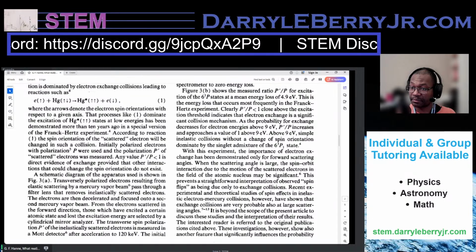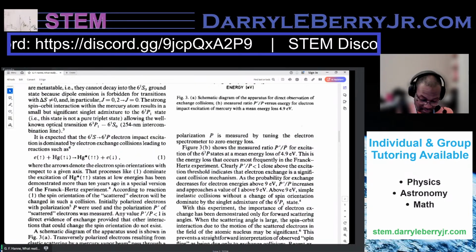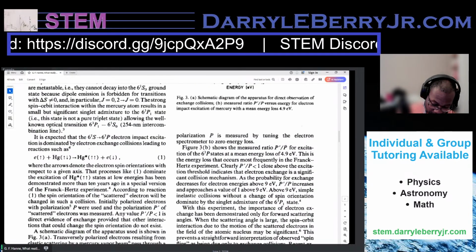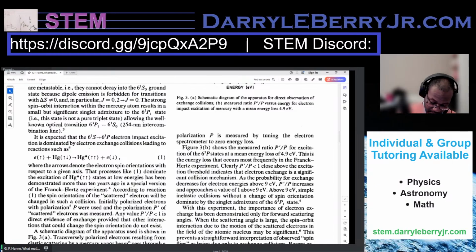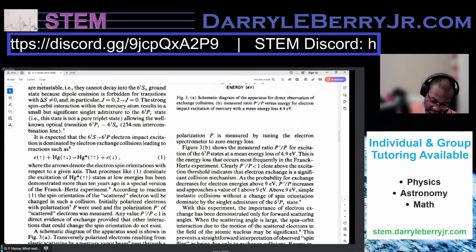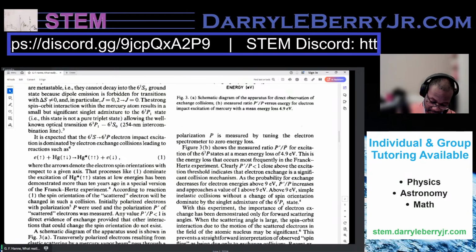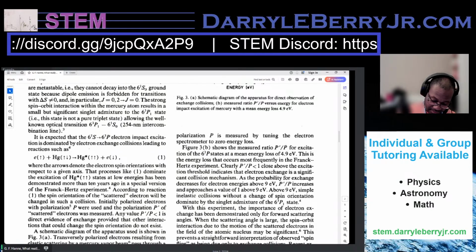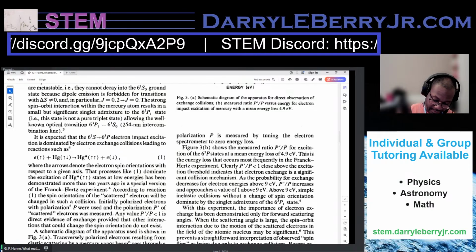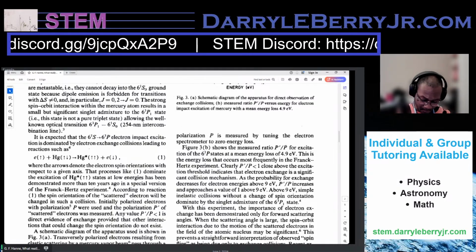Did I scroll this page? I guess I scrolled it by mistake. So I guess you could say 250 to 254. So that would be about 2500 to 2540 angstroms.